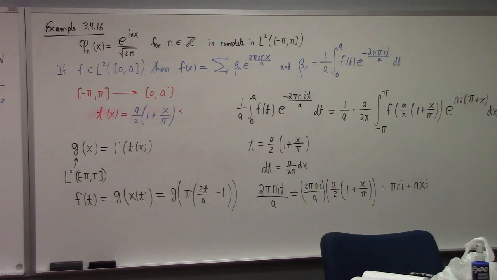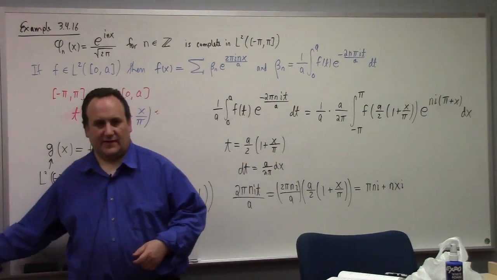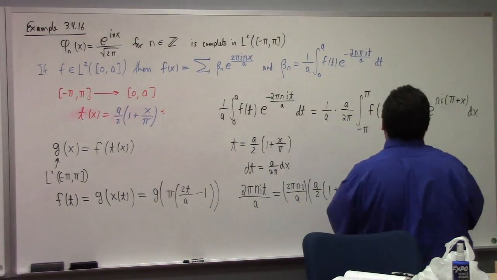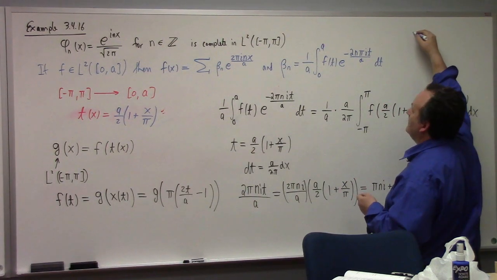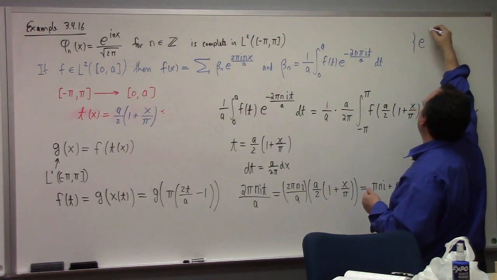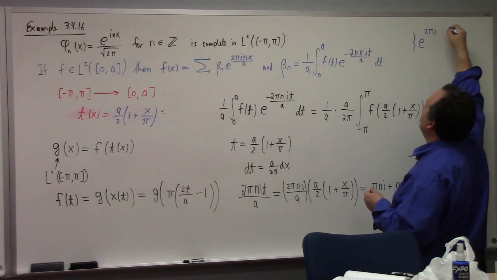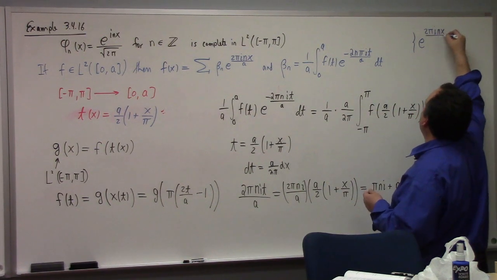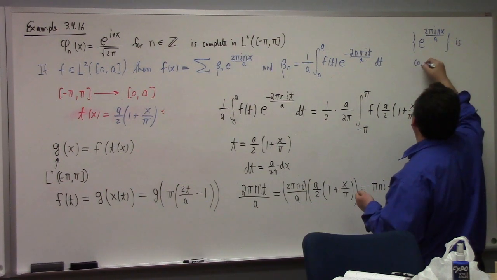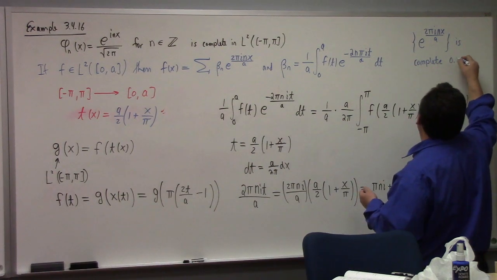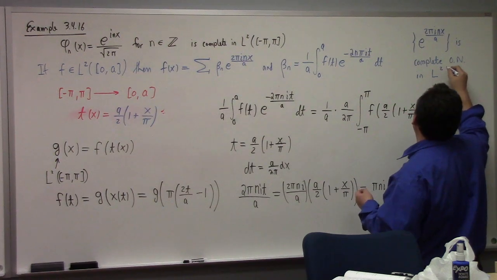Now, I think what he's claiming, I believe, I don't know if he said this or not, but I think the claim is that e to the 2 pi I n x over a is a complete orthonormal system in L2 of 0 to a, yeah?